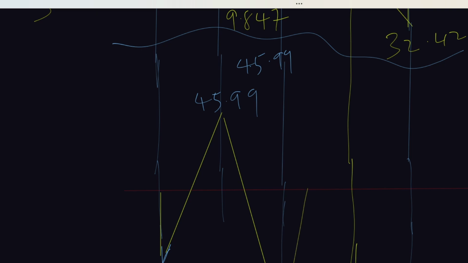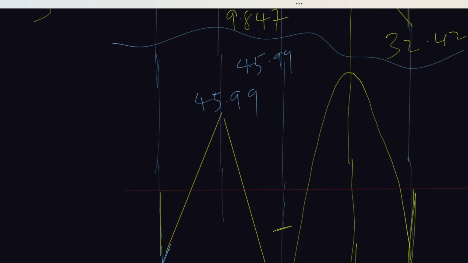It goes up to 88.58, then it comes down to the moment value that was here, which was 174.38.